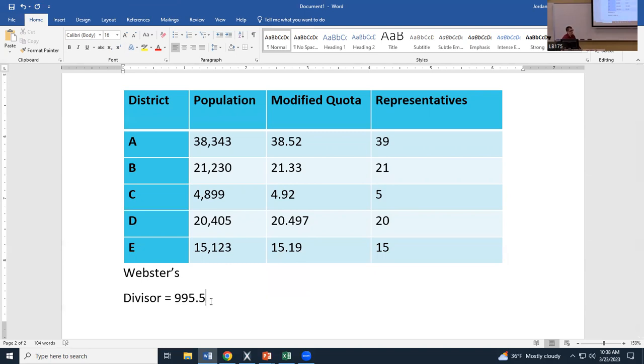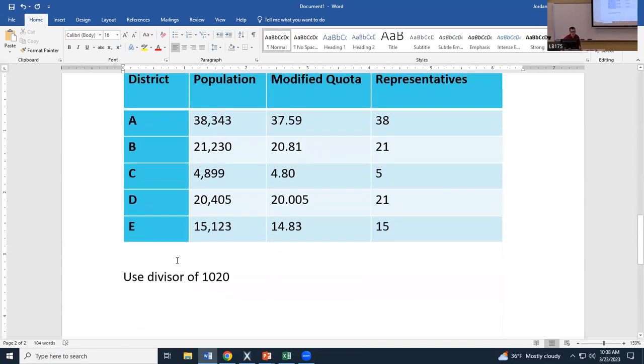All right. So Adams's, that's the one we did here. I should say Adams. Gave us this allocation.